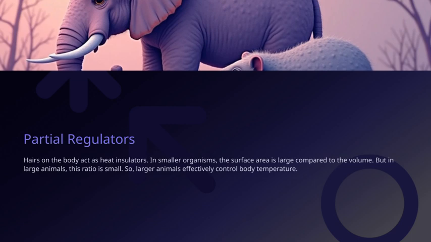This difference plays a crucial role in how different species adapt to their environments. Larger animals can better regulate their body temperature because they lose less heat relative to their size. This concept of size and surface area is fundamental in understanding how animals survive and thrive in various climates. It's all part of how animals have evolved to manage their internal temperature effectively.